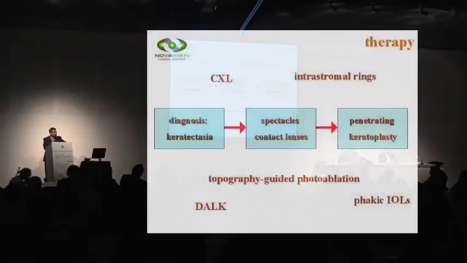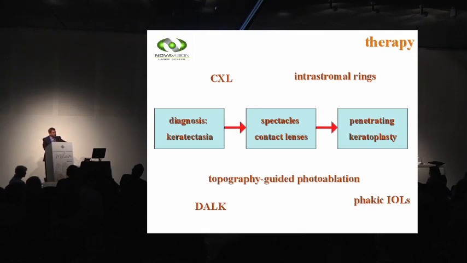When I was in my corneal fellowship 20 years ago with Roger Steiner at Tufts New England Medical Center, besides the diagnosis of keratectasia with the early stages of topography analysis, we only had, as many others said, contact lenses, adaptation, spectacles, and we needed to wait until the penetrating keratoplasty with the corneal scarring of the patients to perform a complete transplant.